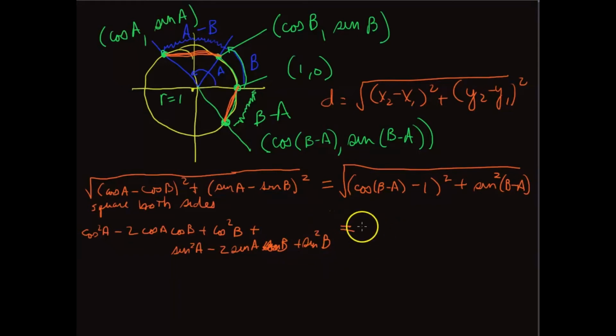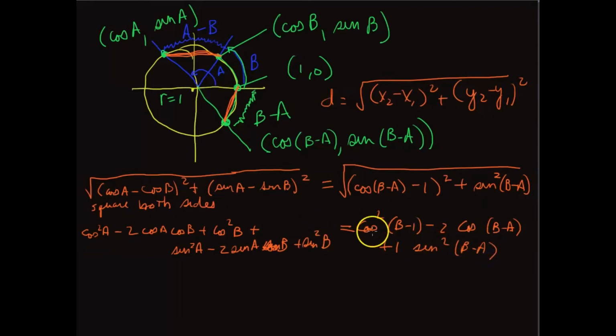Does that make sense? So now this is square of the first, cosine squared b minus a. Double the product, minus 2 cosine b minus a. And then square of the second, plus 1. And then we've got the sine squared b minus a.